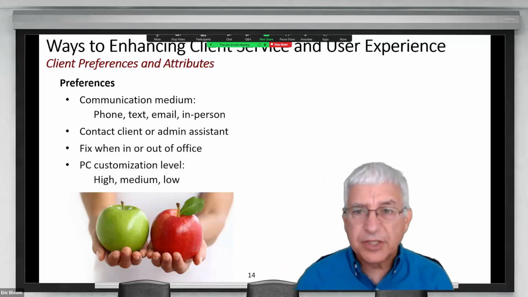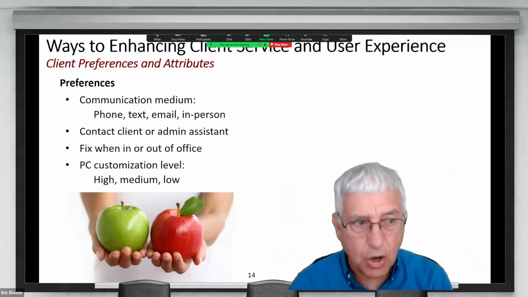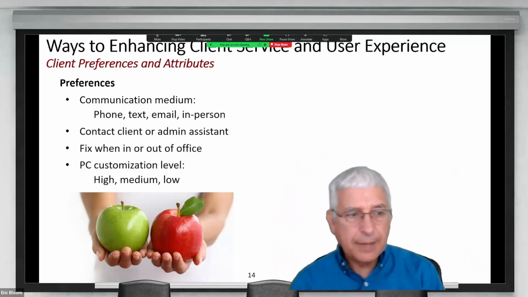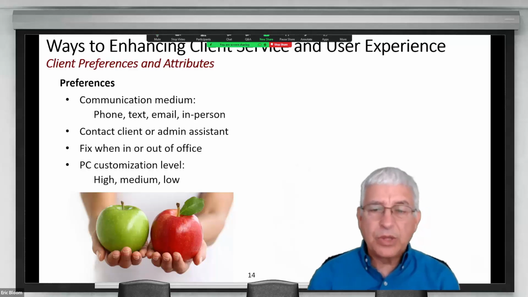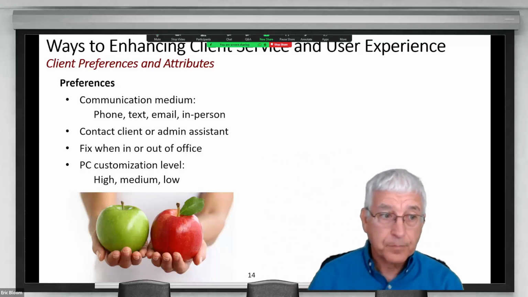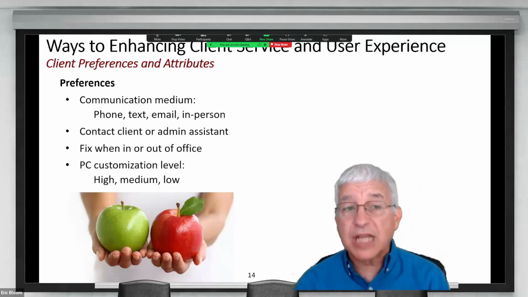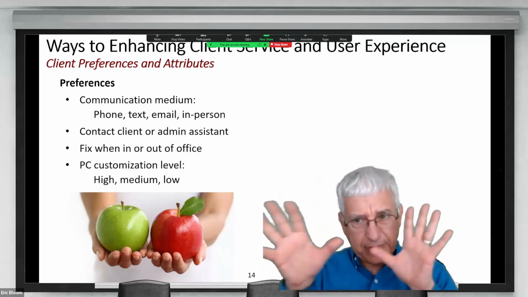So what are their preferences? Would they rather you call them, text them, email them, or just show up at their desk in person? If it's for senior management, would they rather you contact them directly or go through their admin? Do they want the fix when you're in or when they're in or outside the office? Think about it from a help desk perspective.